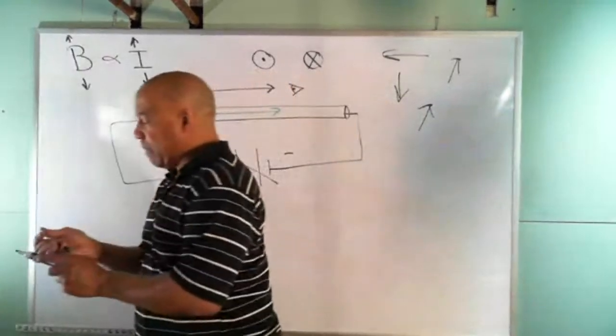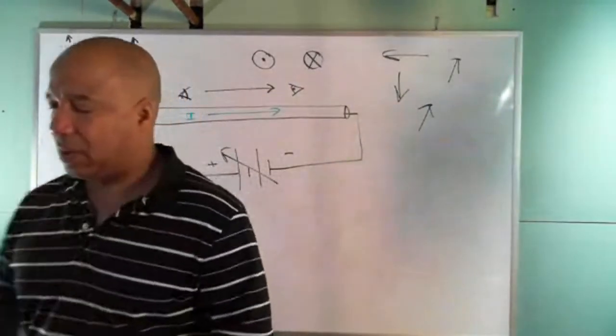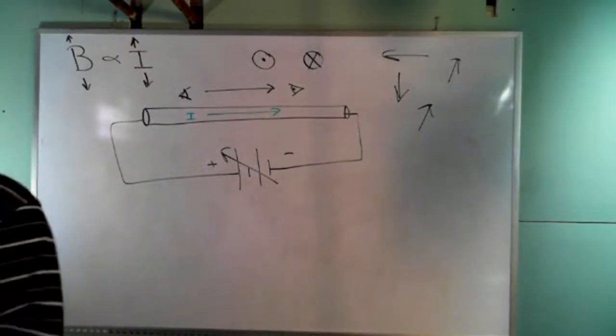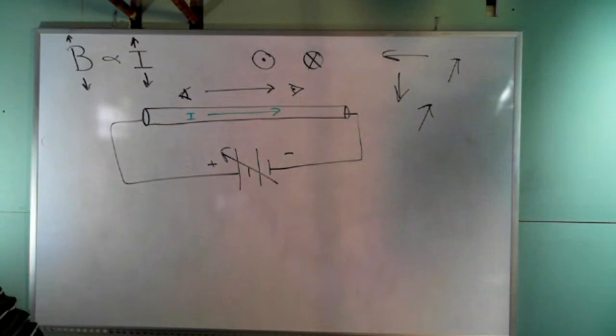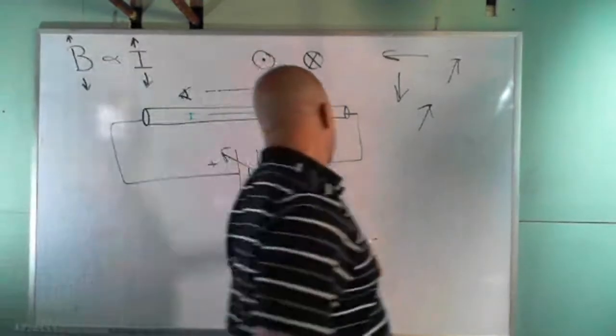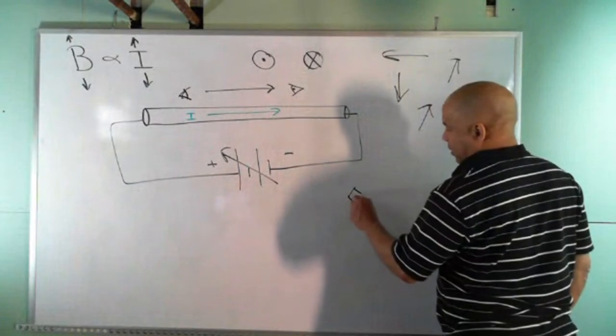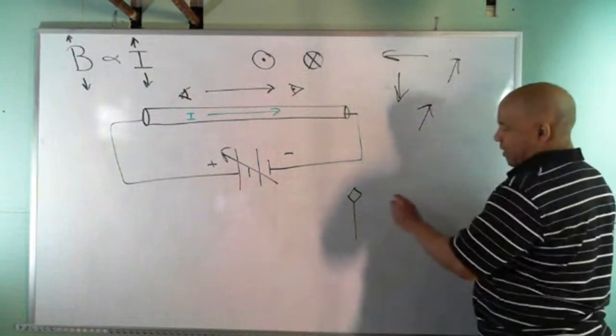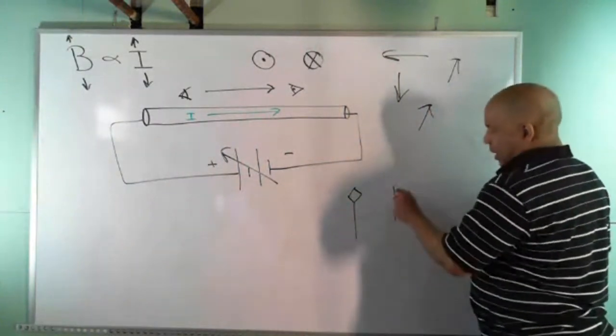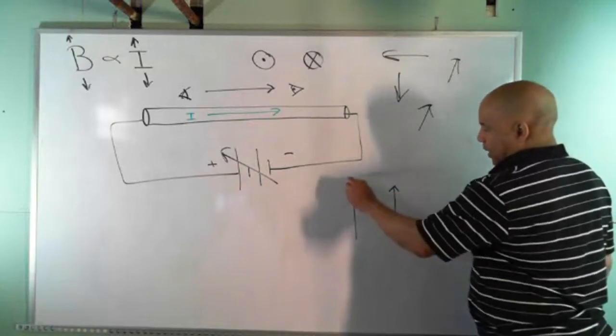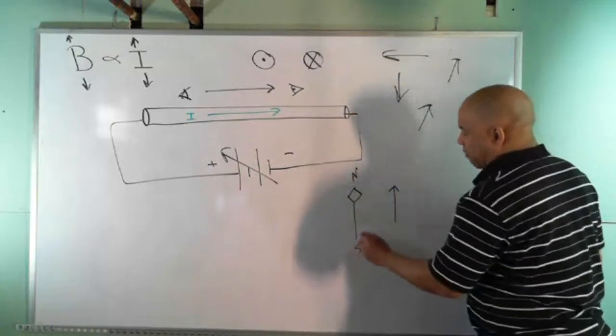And so now if you go back and you think about those little microscopic domains that I talked about, that magnetic domain, which the book will draw like that, I will draw like that. So there's my North Pole and there's my South Pole.